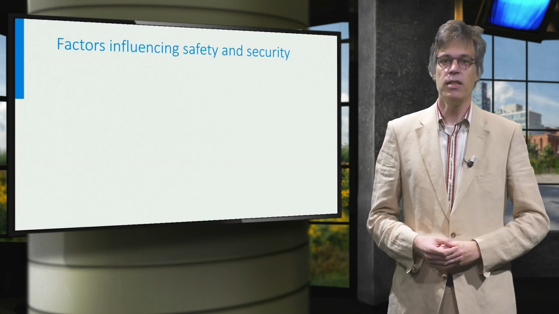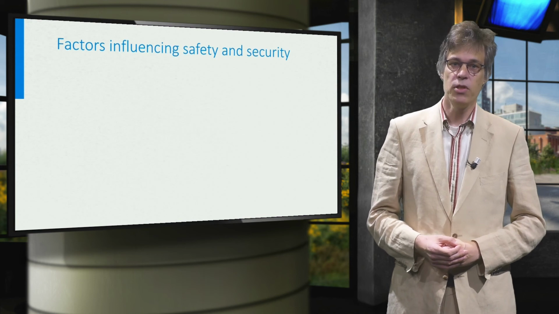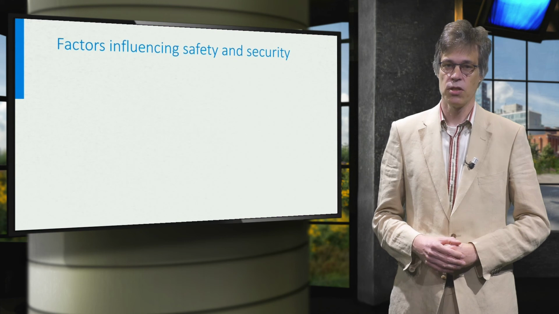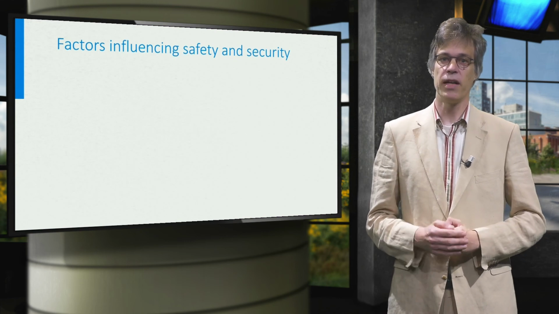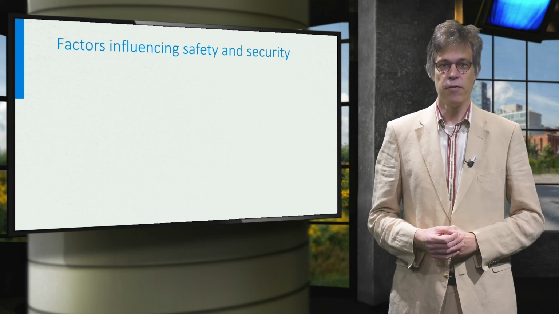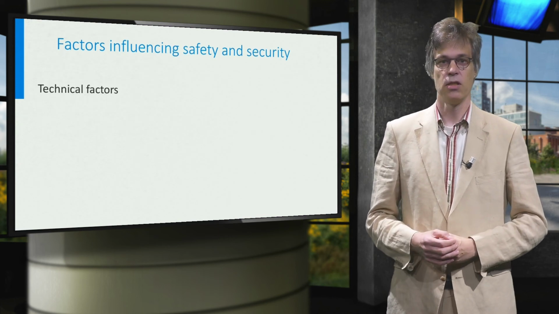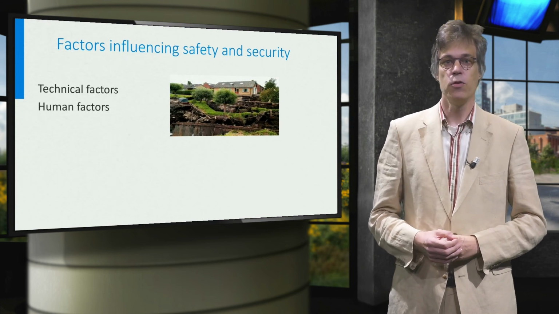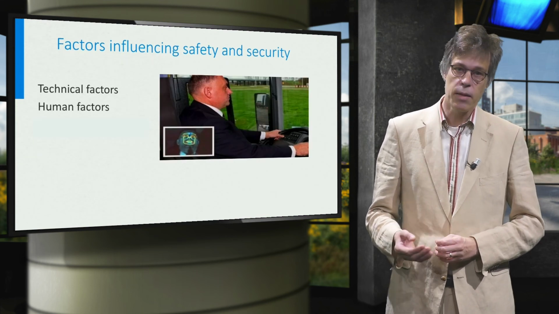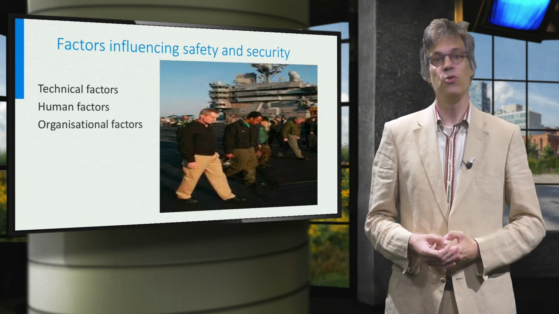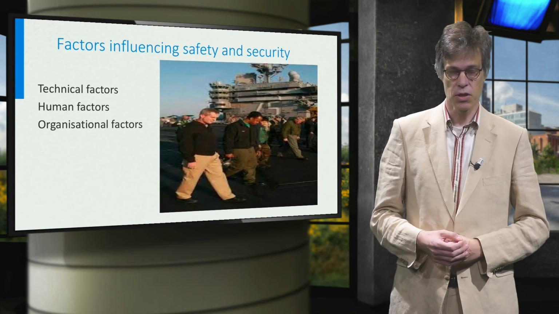A safety scientist examines the factors that influence the safety of systems, distinguishing a number of main factors: the technical factor, the human factor, and the organizational factor. A system can fail because the technology fails, a sliding dike, or people fail, a bus driver who falls asleep, or the administrative organization fails, the tour operator who schedules too tight schedules for his bus drivers.